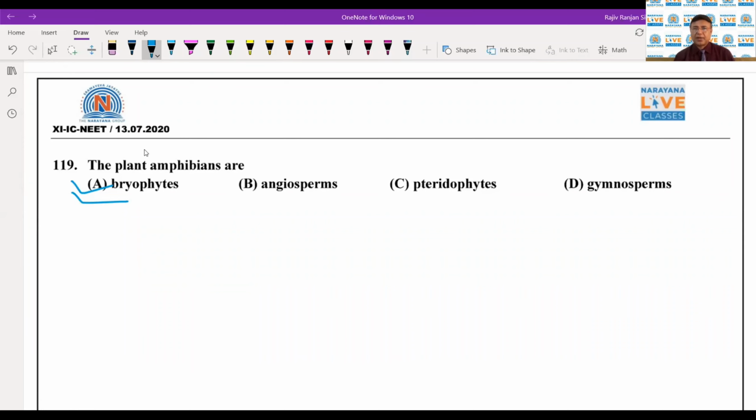In fact, among the plants, bryophytes are found in the damp and moist places, and they represent the transitional state in which the plant is just trying to set its foot on the land from water. The aquatic plant is now just trying to establish itself on the land.